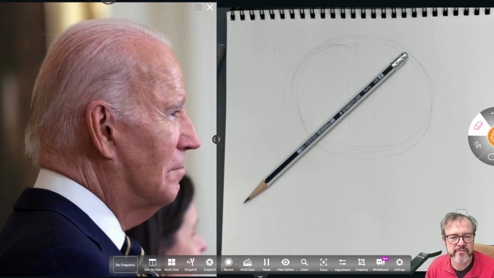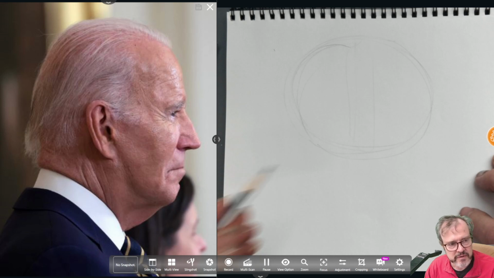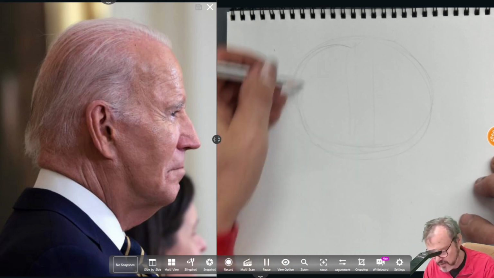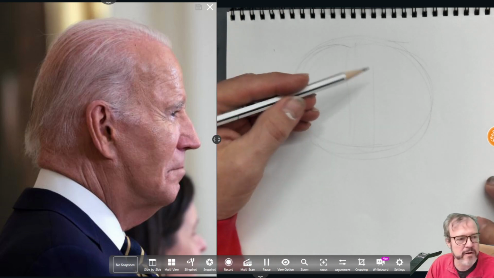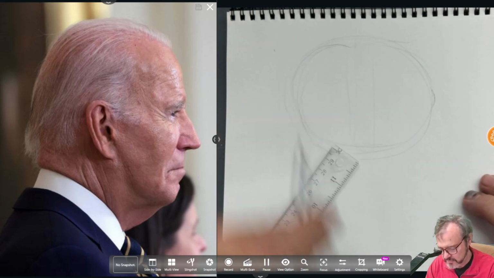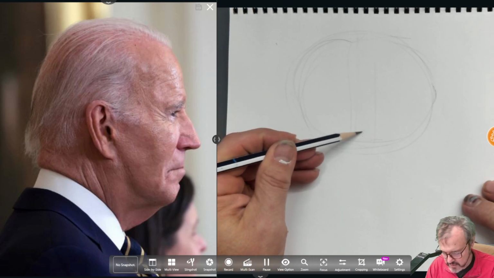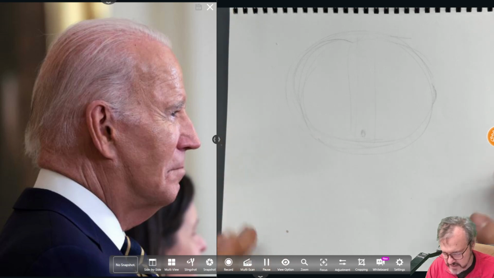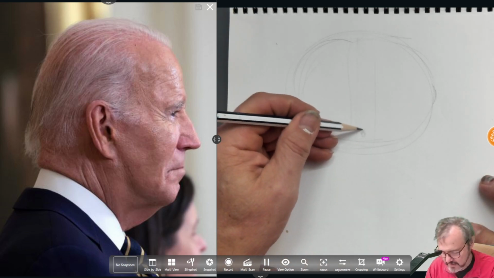And because of Biden's age, again, his ear is very long. So it's partly what gave me an impression of a round cranium. We're going to mark his brow ridge, centered on the cranium side, and his ear hole near the bottom. His tragus is kind of pointing towards us, so we can actually see right into Biden's ear hole.